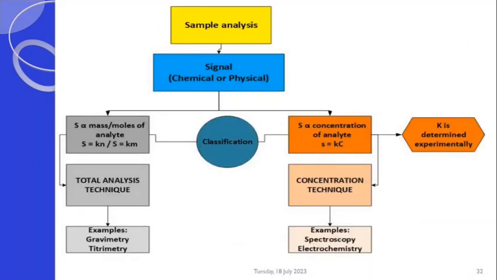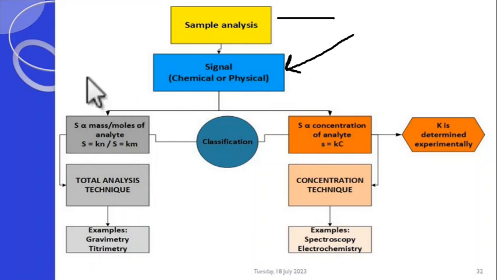Now let us look at this flow chart to help us give a general understanding of the difference between the total analysis technique and the concentration technique. We start off with a sample analysis. Now we are saying that when we are analyzing a sample, that sample is supposed to give us a signal, and that signal could be chemical or physical.